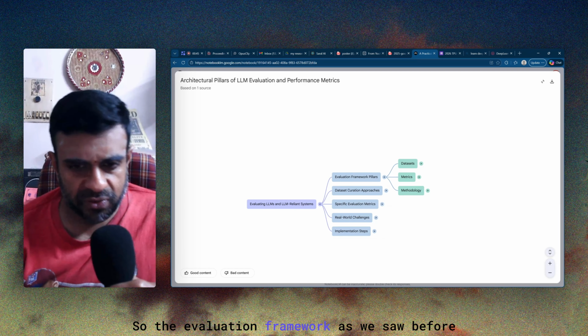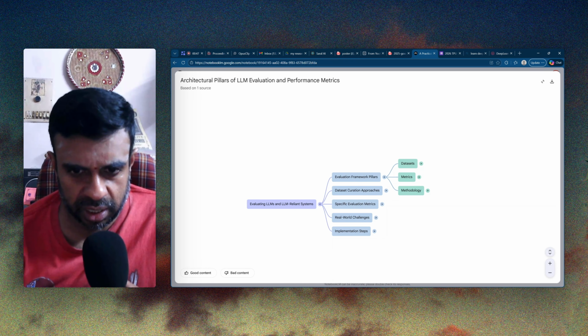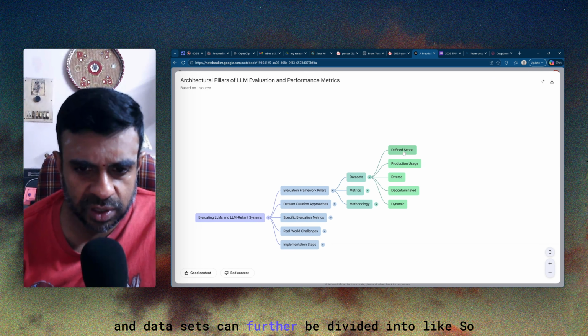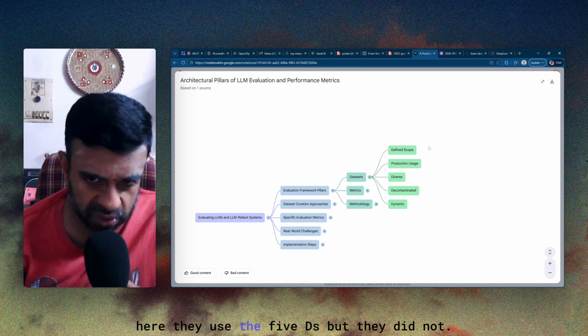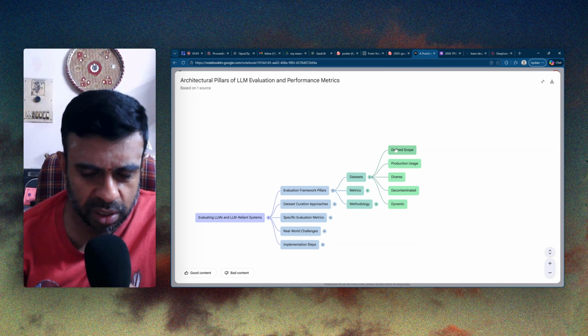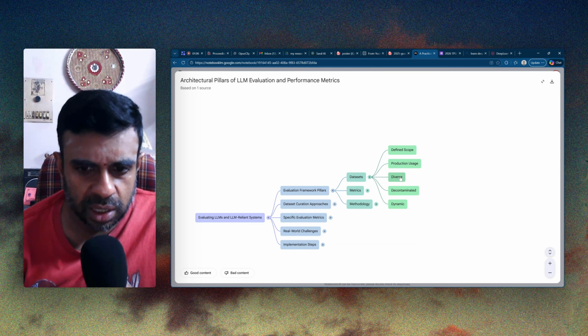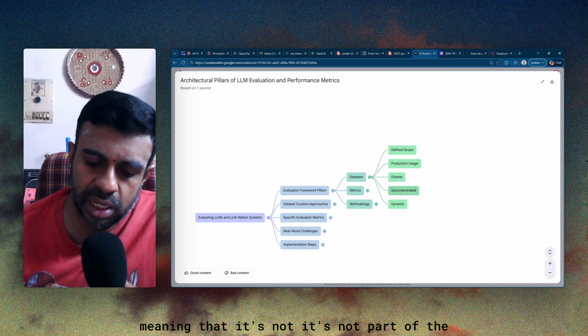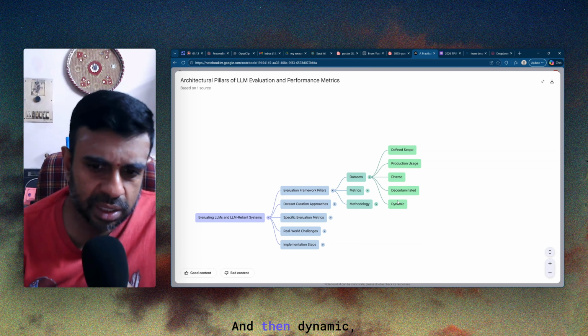So the evaluation framework, as we saw before, has 3 parts: the datasets, the metrics, and methodologies. Datasets can further be divided, and here they use the 5 Ds, but I think they missed 1 D when they're defining it. So it's the scope, the usage, how diverse the dataset is, decontaminated, meaning that it's not part of the training set, and then dynamic.